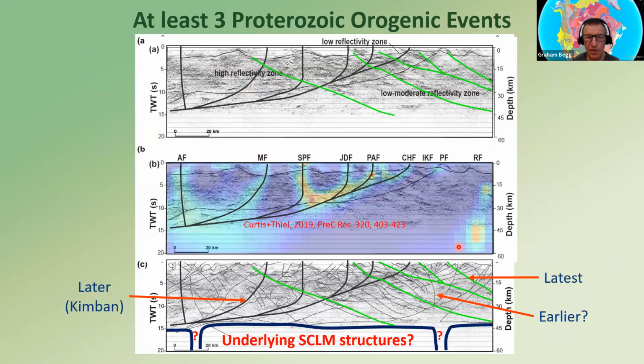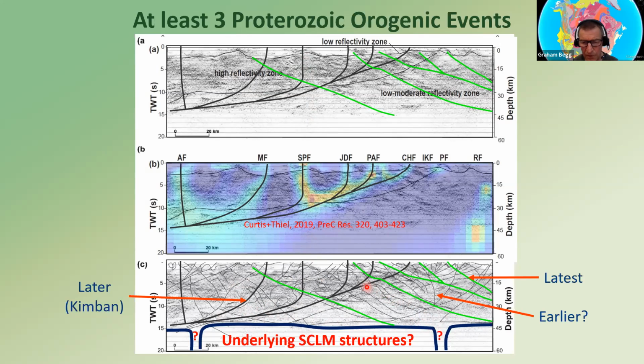So if you take that result, so these black lines are the lines from interpreting the MT, and if you take those back and superimpose them on the seismic reflection, you can start to make some better decisions about what you would pull out of that seismic reflection line. And indeed, in the bottom diagram here, I would say we've got at least 3 sets of structures here.